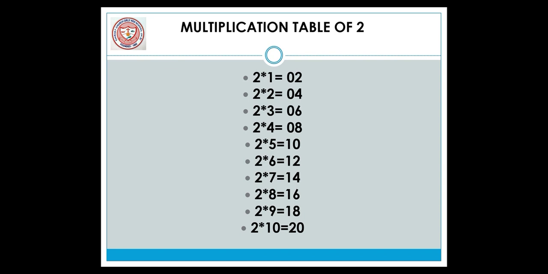And if you have not learned, do learn it. 2 ones are 2, 2 twos are 4, 2 threes are 6, 2 fours are 8, 2 fives are 10, 2 sixes are 12, 2 sevens are 14, 2 eights are 16, 2 nines are 18, 2 tens are 20.